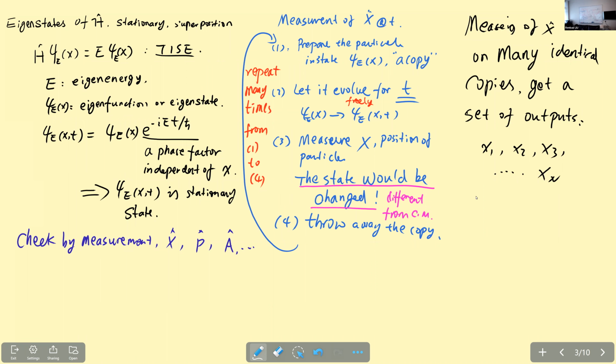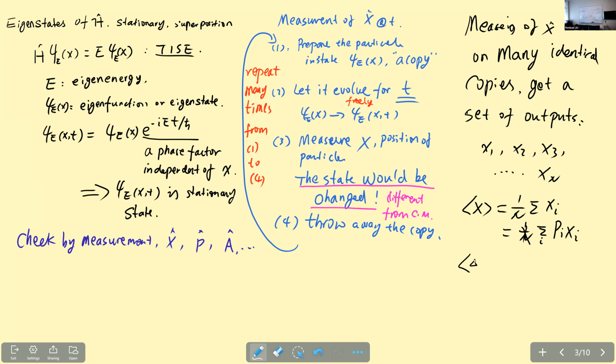So the average, the expected value, of course we have done this one, is just a summation of all of these. So that equals 1 over m, summation over i of xi. Sorry, there's no 1 over n anymore.